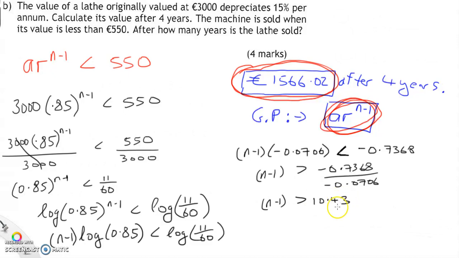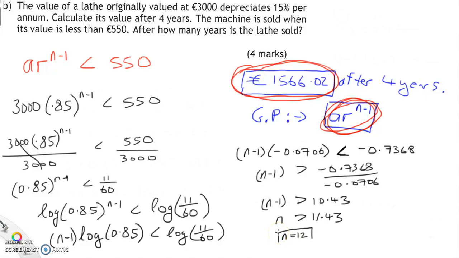And now I'm going to add 1 to both sides. n minus 1 plus 1 leaves us with n greater than, and I'm just adding a positive 1 to both sides so the inequality stays the same, and we get 11.43 there. So n is greater than 11.43, right? n is going to be a whole number, it's a number of years. So n equals 12.